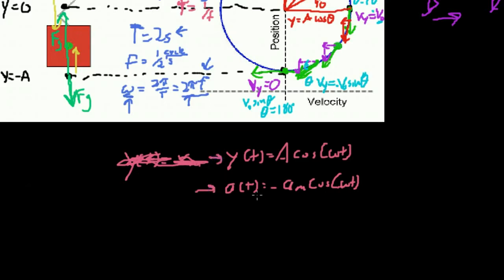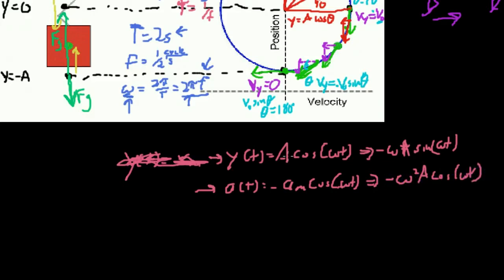So what I should be able to do is realize that if I take the derivative of this once, that would give me my velocity. So I would have the opposite of omega times the amplitude times the sine of omega t. And if I take the derivative of that again, I would actually get the opposite of omega squared times the amplitude times cosine omega t.